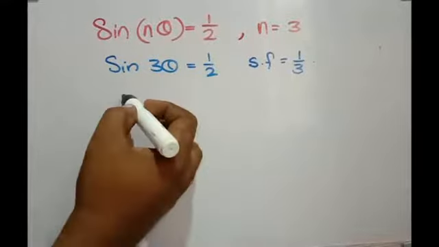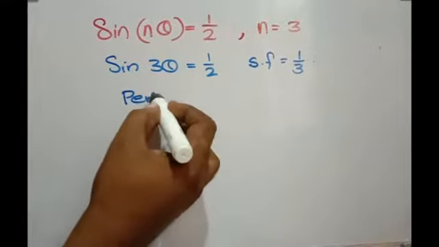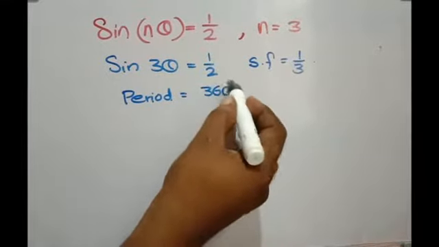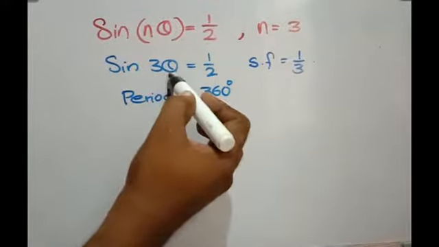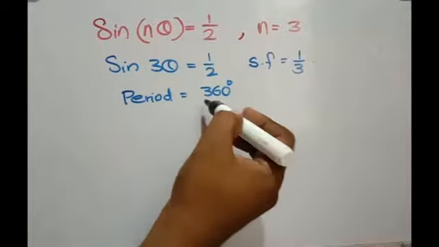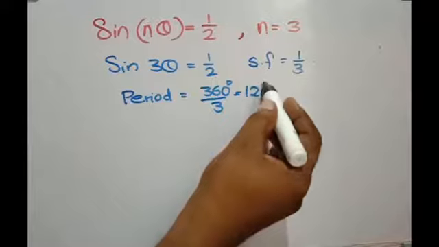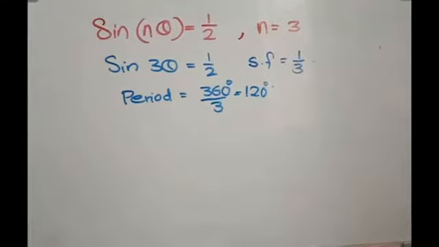Okay, let's find the period. You know the actual period of sine theta is 360 degrees. As it is sine 3 theta with a stretch factor 1 over 3, the period becomes 120 degrees. So the period of this graph is 120 degrees.